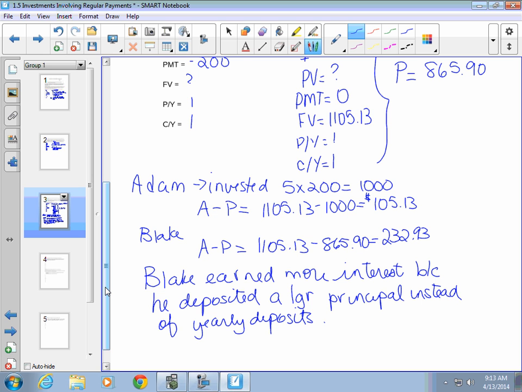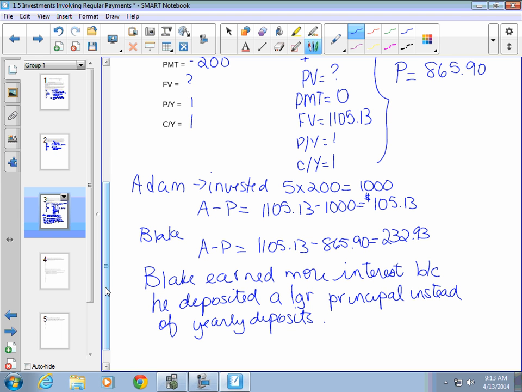So if you think about this, you're going to make more money if you deposit $1,000 to start with, because that $1,000, let's say it's a 5% interest, so you're going to earn $50 the first year, so $1,050, then you're going to earn interest on that $1,050, and then it'll keep adding on for those 5 years.